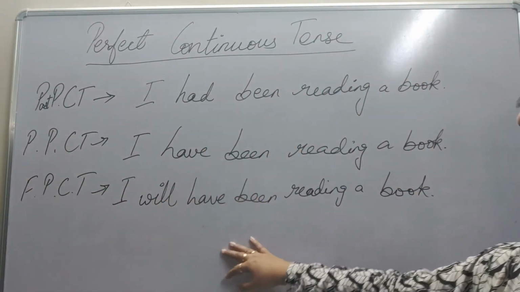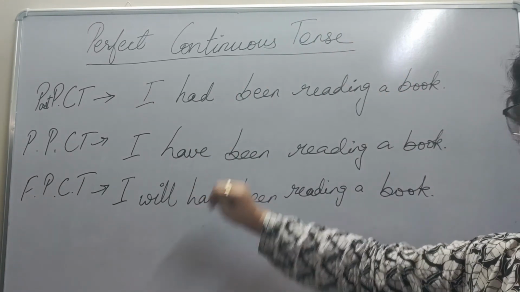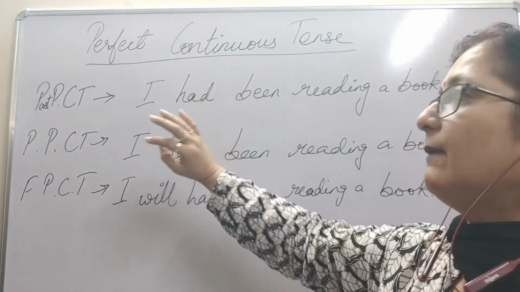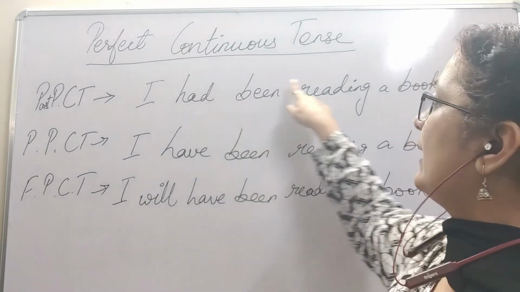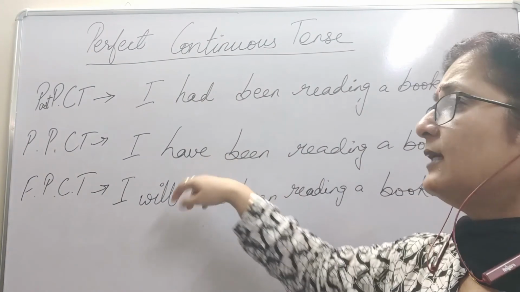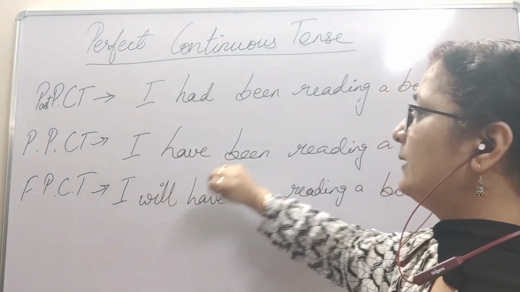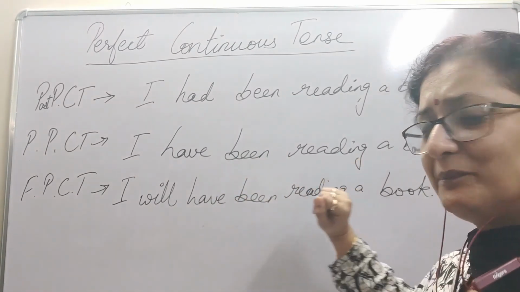Once again, a quick review. The perfect continuous tense in the three different kinds of tenses, where we have the past, present and future. In the past one, we use the past helping verb, and then been, the ing form of the verb, along with the subject. Similarly, in the second one, the subject, present helping verb, been, and then the ing form of the verb.